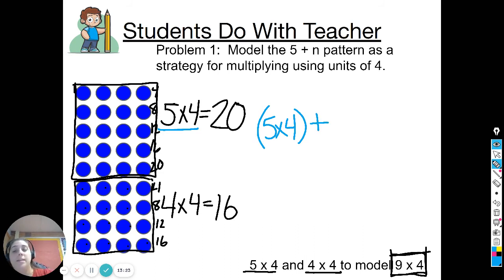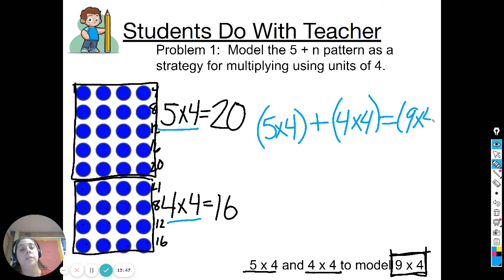Add that to our bottom equation, which is 4 times 4. And we're going to put that in parentheses. And that should equal our 9 times 4.